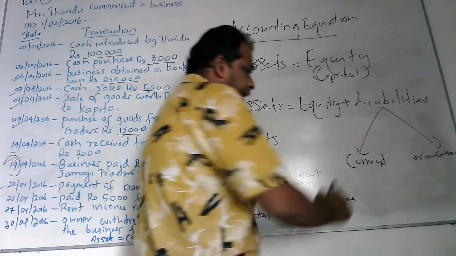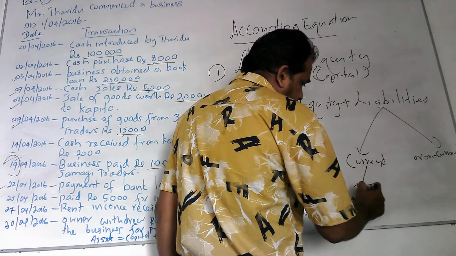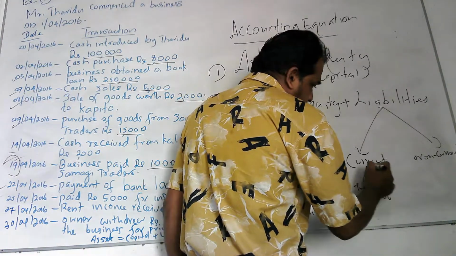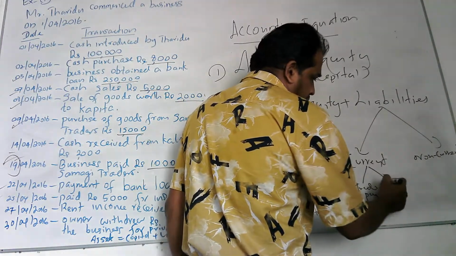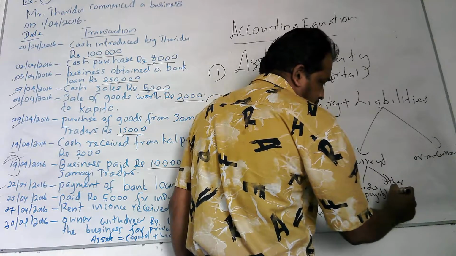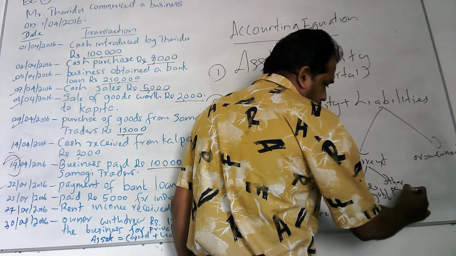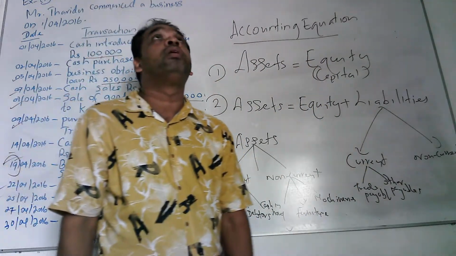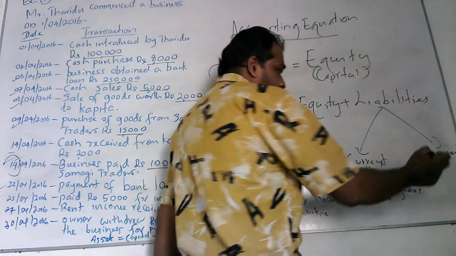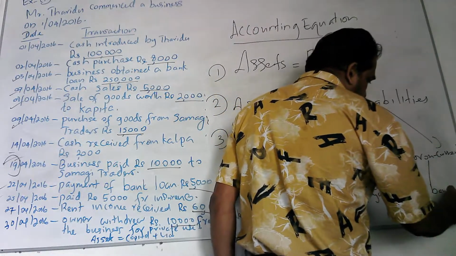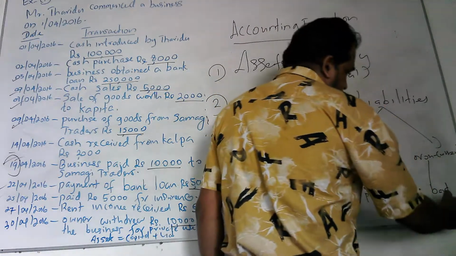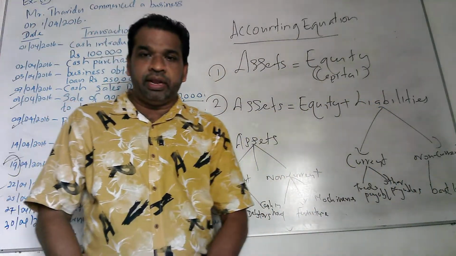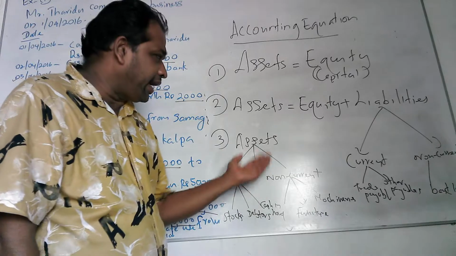Then under current liabilities you will be given trade payables and other payables. Then under non-current you will be given bank loan, like that. The examiner will classify assets as well as liabilities.